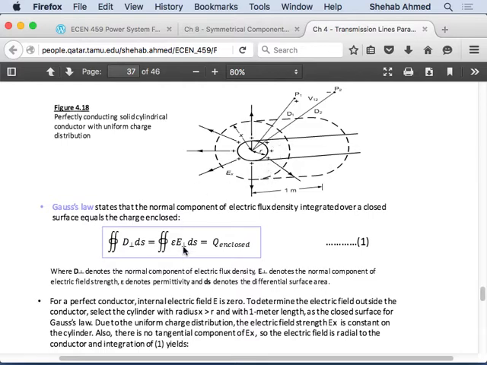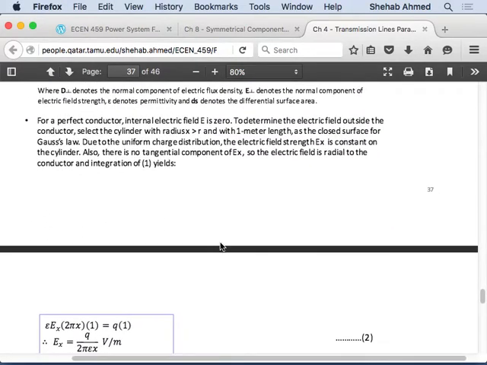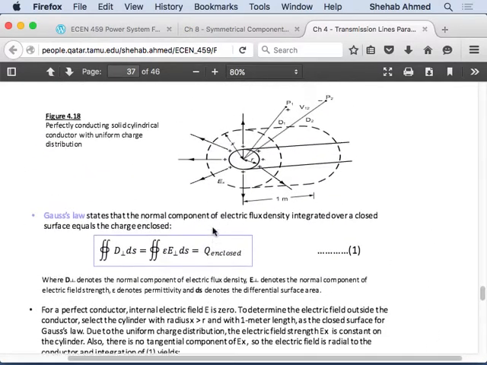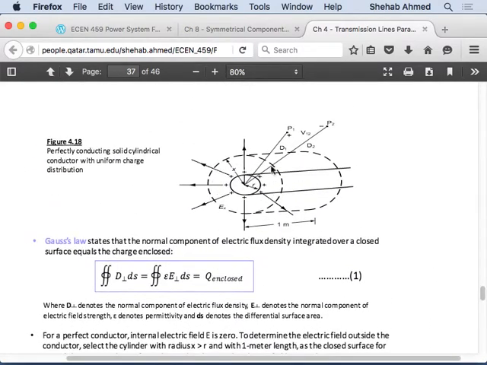So the E will be a constant at every radius away from the center, so we will be able to take it out of the integration. And the Q will be the charge distributed across the surface of the conductor. Of course, the area we were talking about is the area of the cylinder that has a length of 1 meter enclosing the conductor.